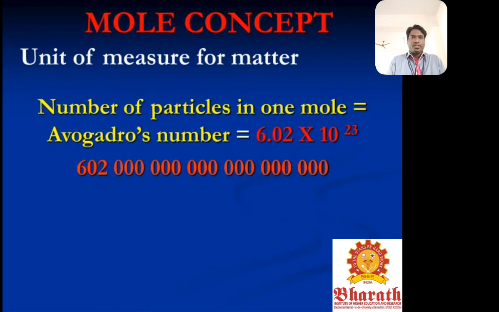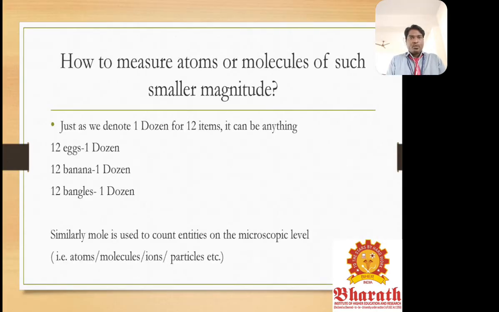Mole concept is the unit of measure for matter. The number of particles in 1 mole is equal to Avogadro number, 6.02 times 10 power 23. How do we measure atoms and molecules of such small magnitude?